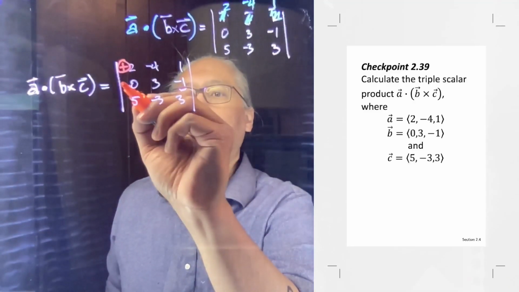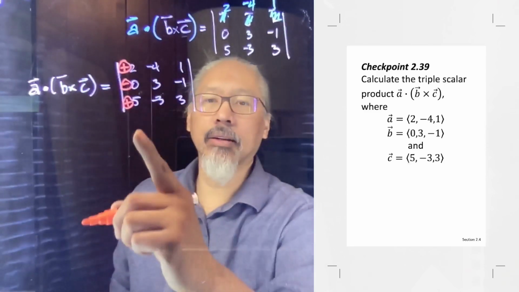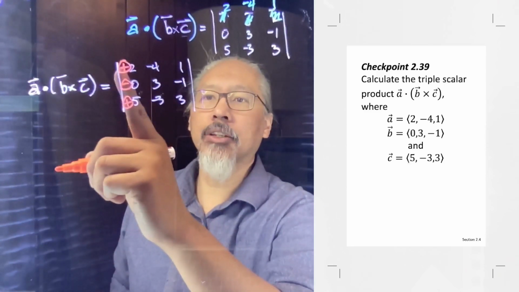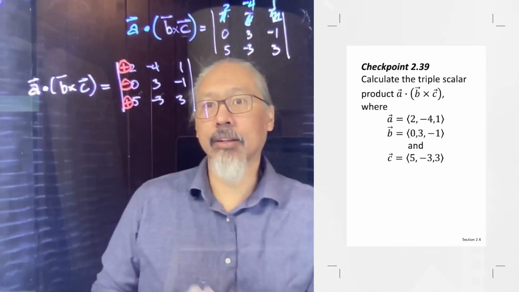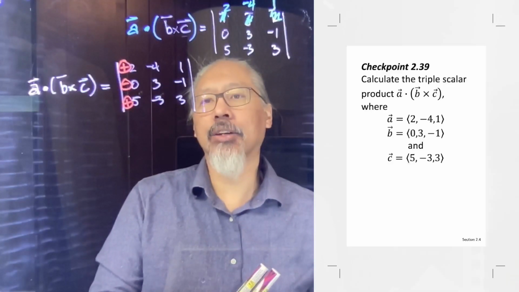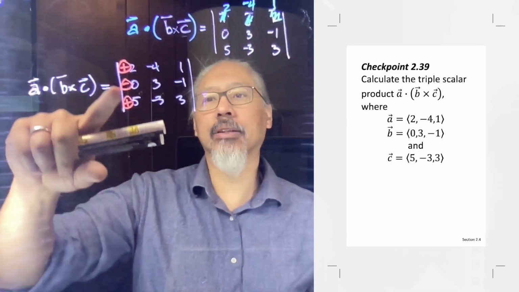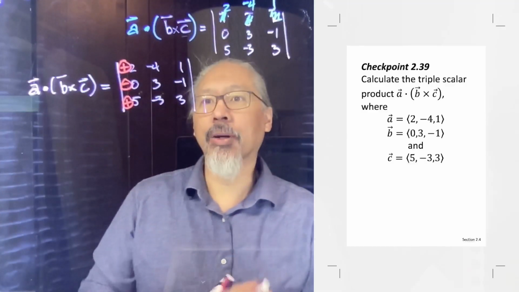I'm interested in expanding on the first column because I see a 0 there. We're going to be doing 3 submatrix determinant calculations, but this is a 0, so that'll just cut it down to 2/3 of the work.